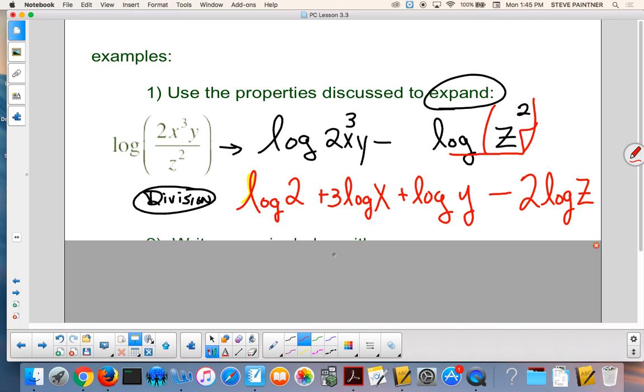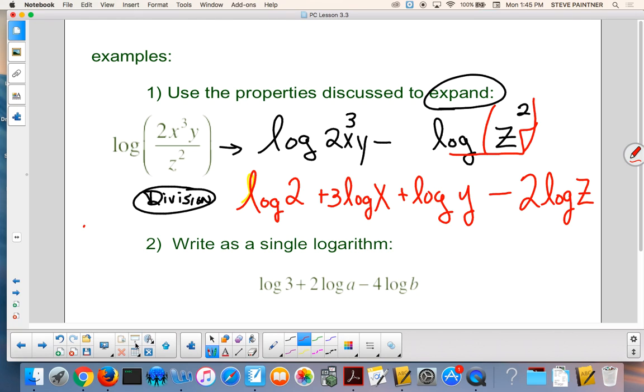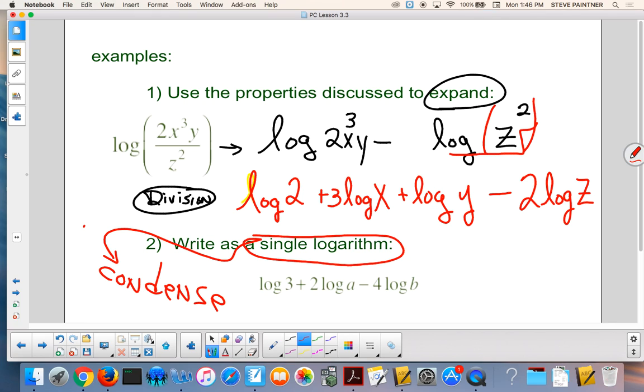Now, the next one. It doesn't say this, but I'm going to tell you this right now. Write it as a what? Single log. Another word you probably heard last year in Algebra 2 was condense. Condense it. Make 2, 3, 4, 5 logs into 1 log.